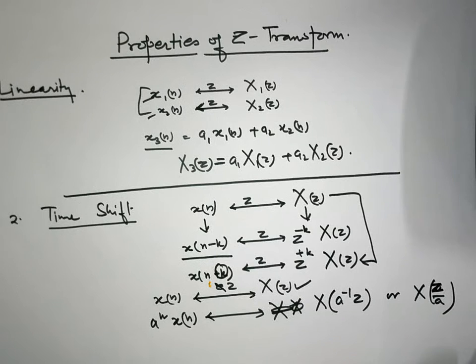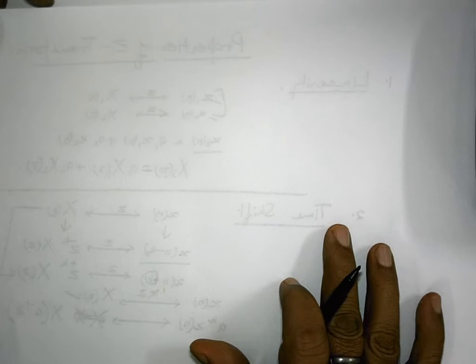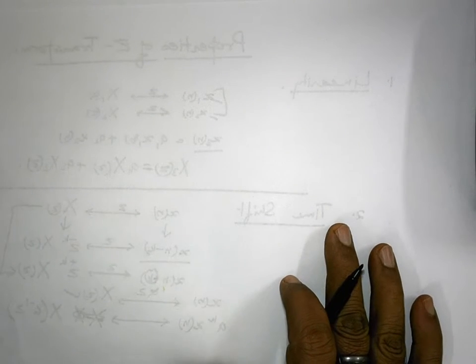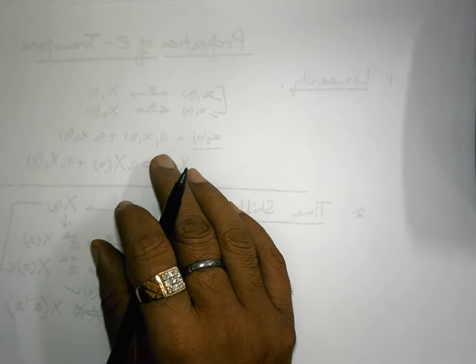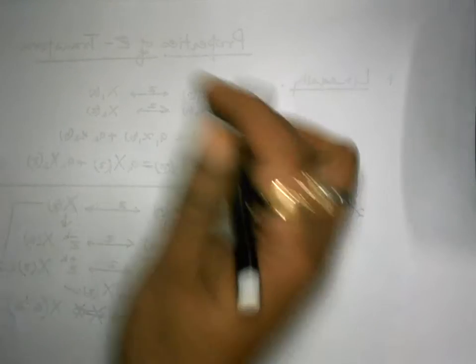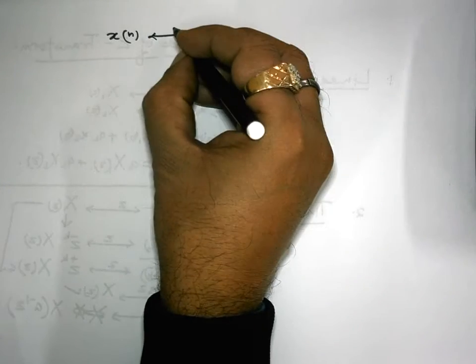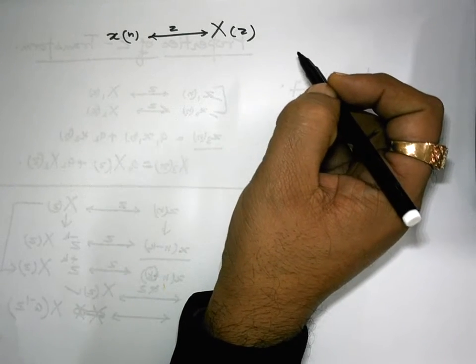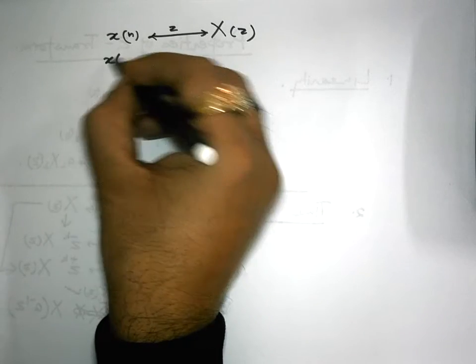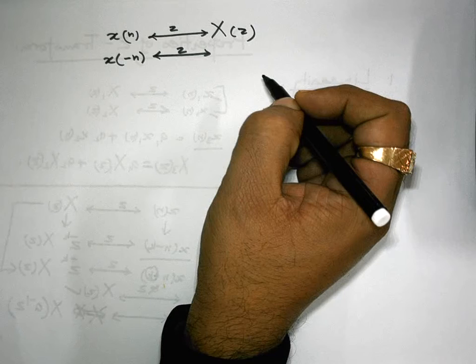Using these two properties we have evaluated many signals for their Z transform, and then we came across the time reversal property. What this property says is that if the Z transform of a signal is known to us and it happens to be X(z), then what will be the Z transform of the folded or flipped version of the signal?